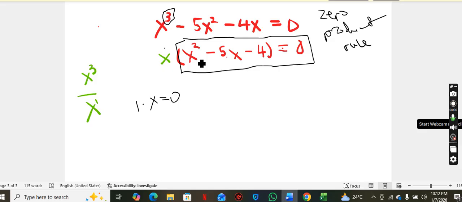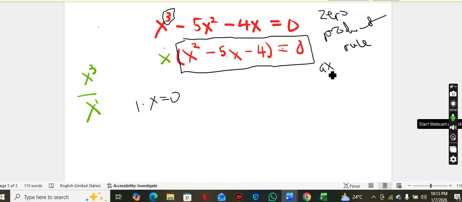Alright, so we check, can we use the factoring method to solve this quadratic equation? Let's see the factoring method. If we use factoring, we find the sum, the product, and the factors.